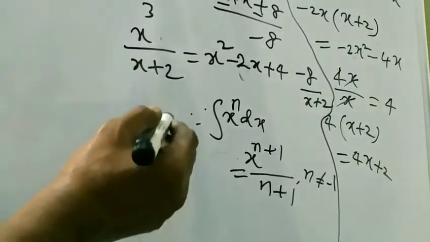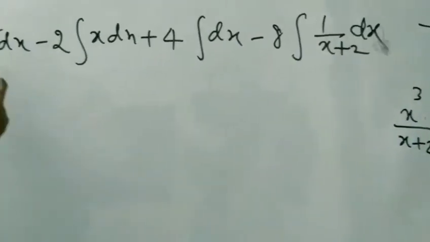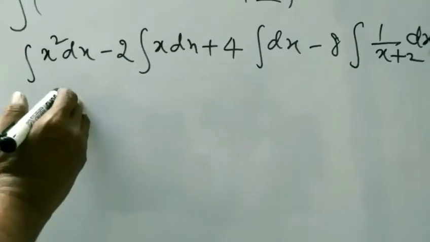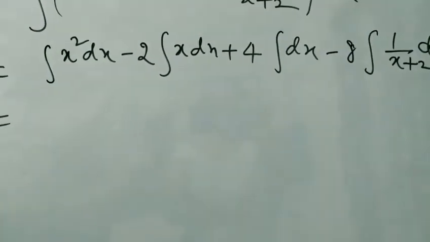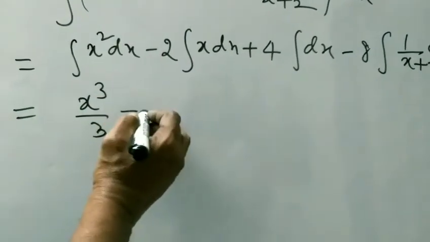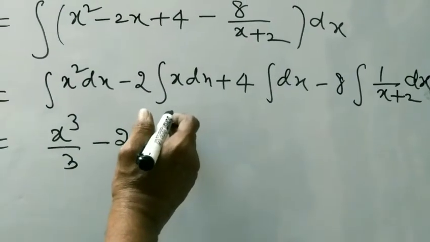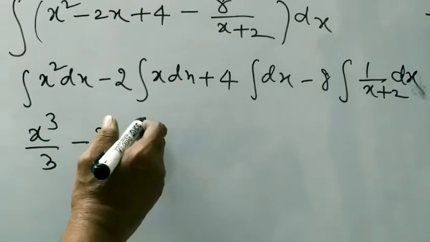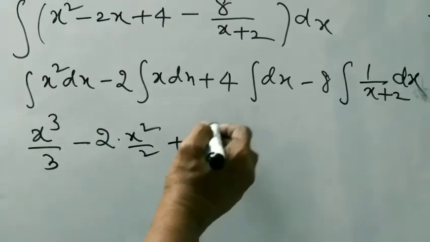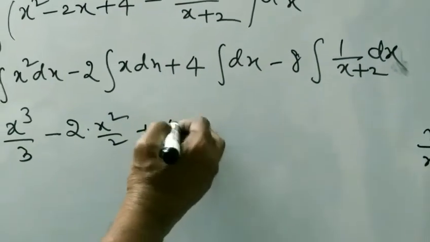So by using this, the integral of x square dx becomes x cube by 3. Minus 2 into the integral of x dx is equal to x square by 2, plus 4 into the integral of dx. The integral of dx is equal to x plus c. So that means here 4x.